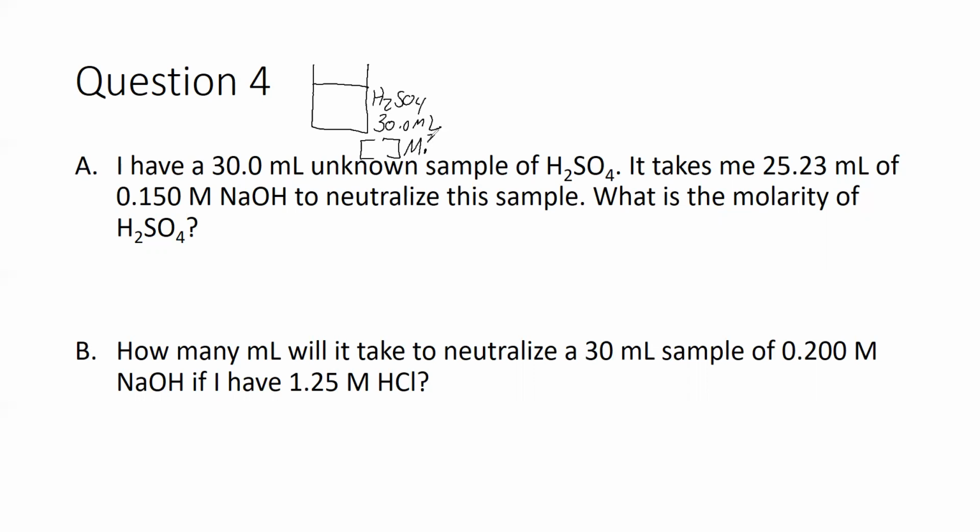So to figure that out, I'm going to add a base of known concentration. So I have NaOH. And this NaOH has 1.5 moles of NaOH per liter. That's the molarity. That's what big M stands for.